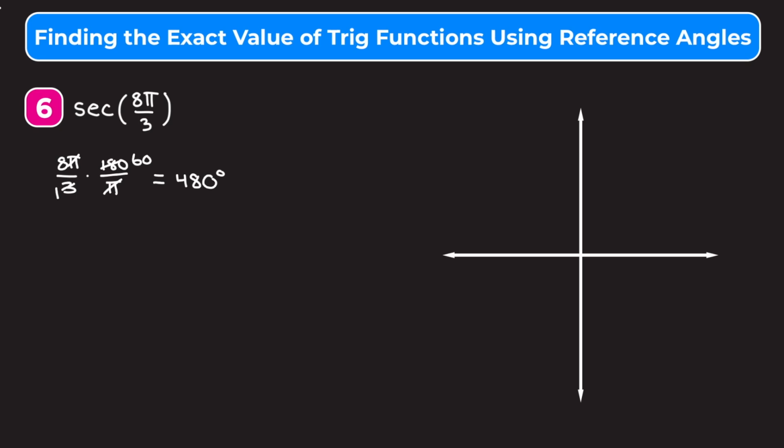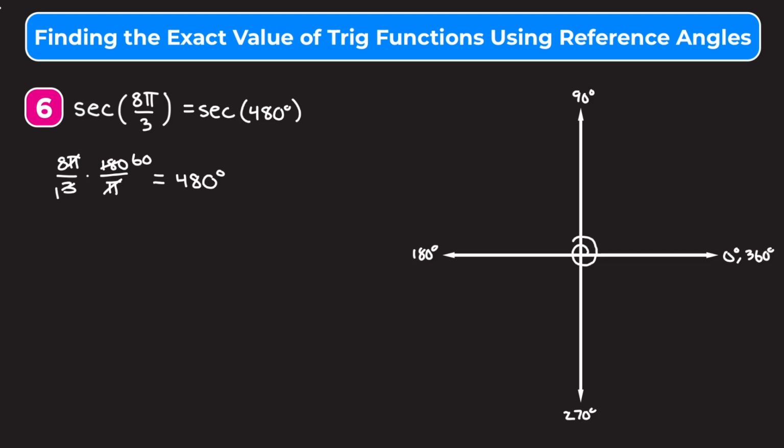So this is the same as the secant of 480 degrees. And now let's sketch 480 degrees over on the right. Remember, 0 is the same as 360 if you go around a full rotation. So for 480, we have to go a full 360, and then we still have 120 degrees left to go.